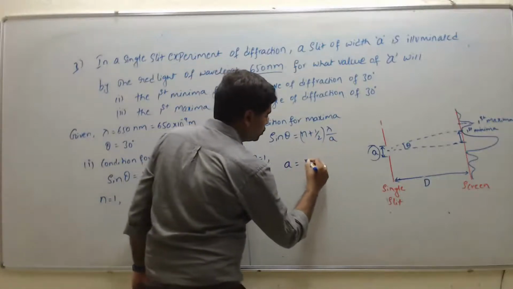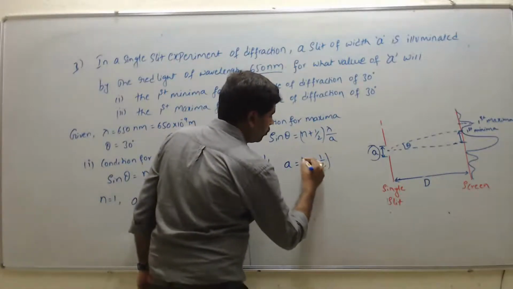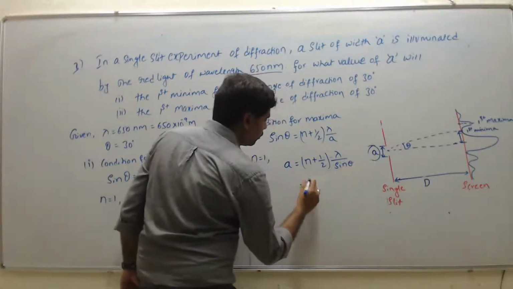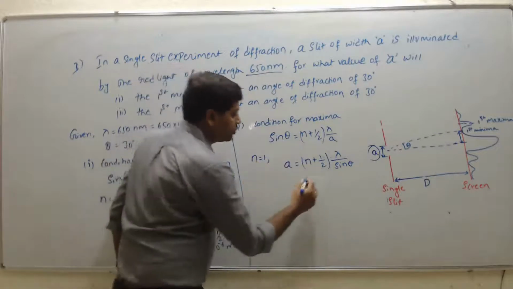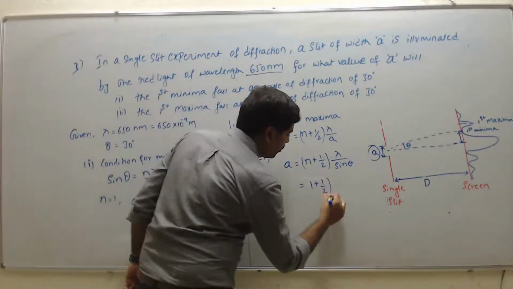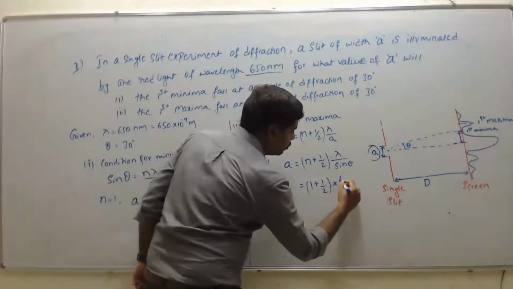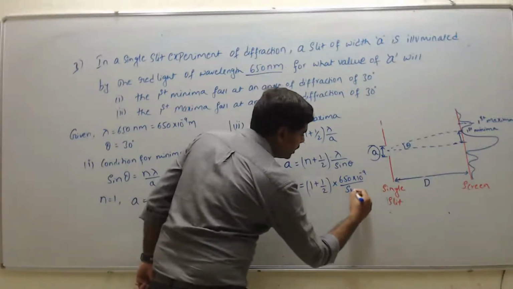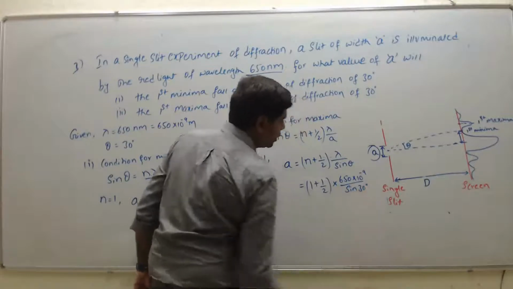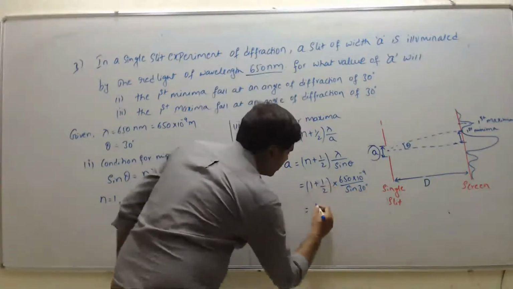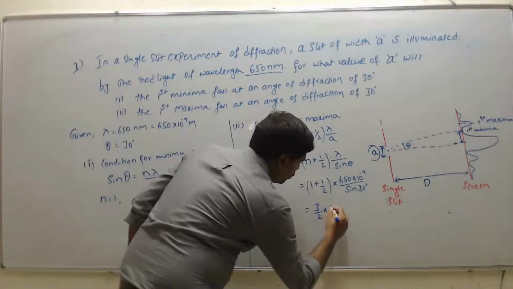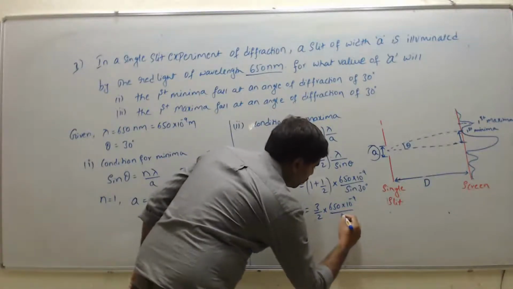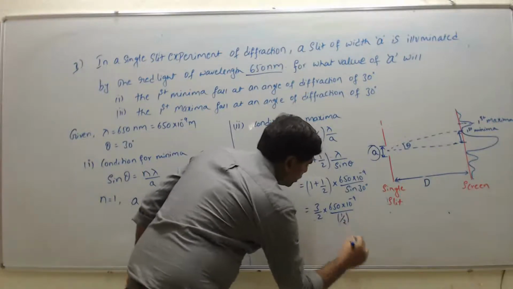Then a is equal to n plus 1 by 2 into lambda divided by sine theta. We know the value of n, that is 1 plus 1 by 2 into 650 into 10 to the power of minus 9. Similarly, here is sine 30 degrees. If we take LCM, it becomes 3 by 2 into 650 into 10 to the power of minus 9, whole divided by 1 by 2.